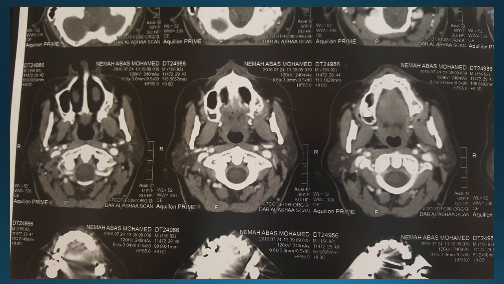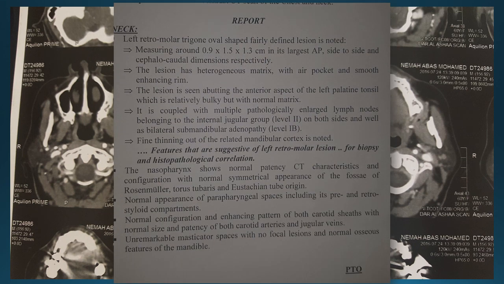You can see the maxilla and both maxillary sinuses, and then we have the tuberosity on the right side, but on the left side it starts to be eaten by the lesion. And also you can see the foramen magnum of the skull. It seems to be an aggressive lesion.